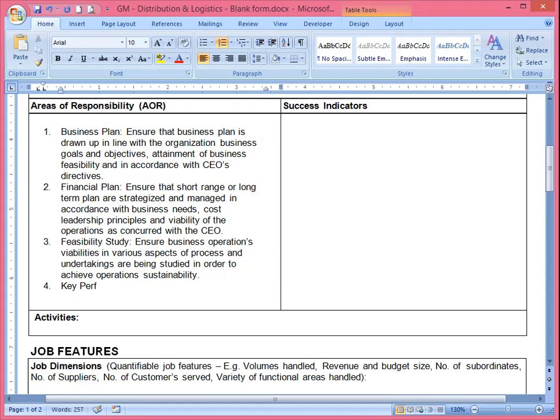Ensure that the key performance areas are monitored and managed.